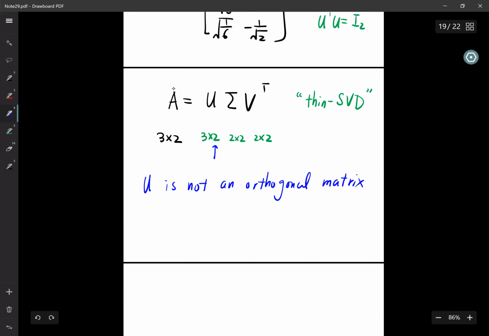It actually has orthogonal columns, but with some missing columns.